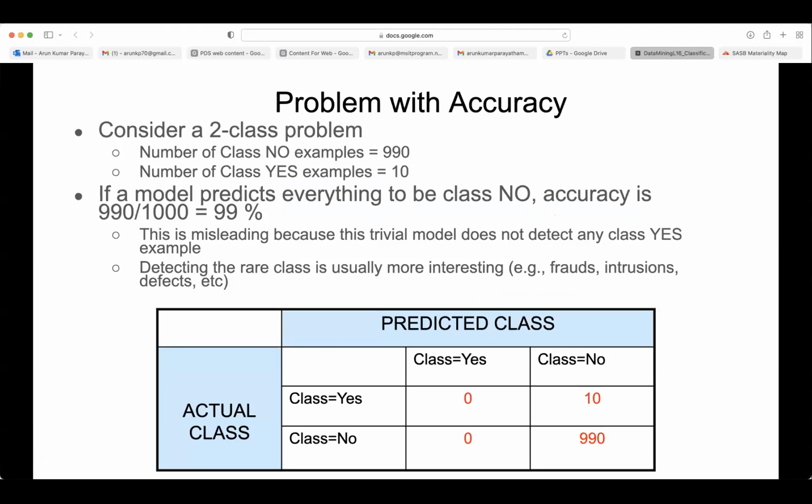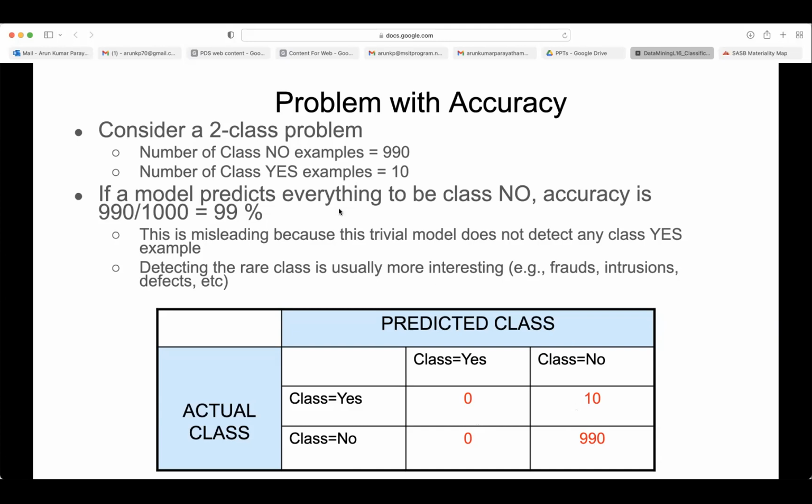If we take the accuracy, then an example is given here. If you predict everything is no, then what is the accuracy for this model? It is 990 divided by 990 plus 0 plus 0 plus 10, so 990 by 1000, which is 99%.